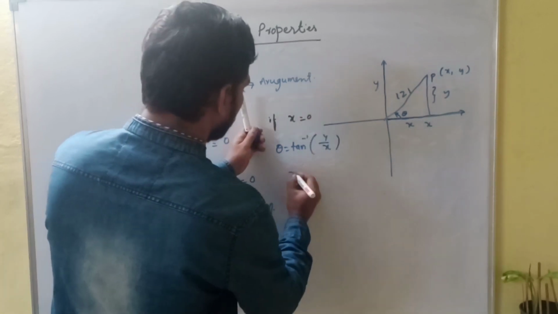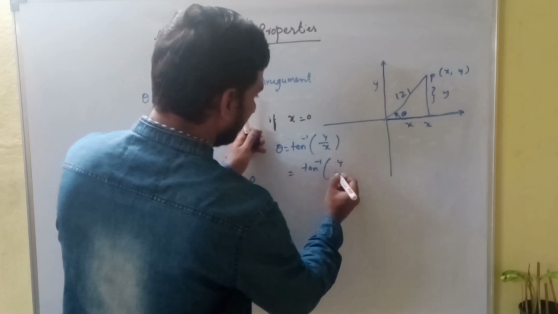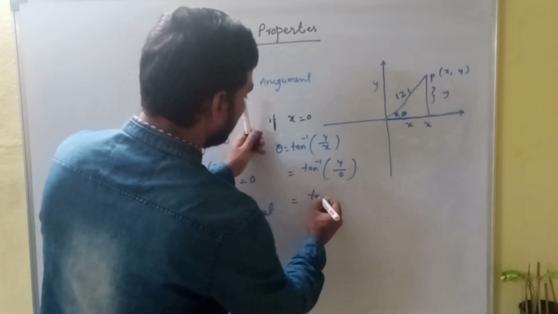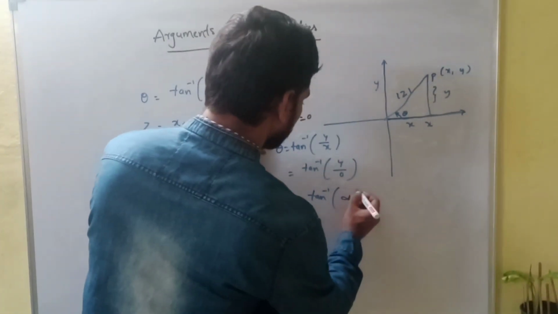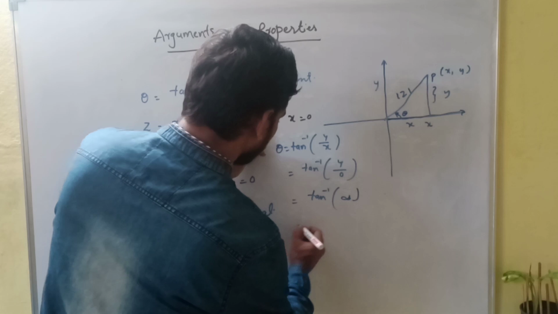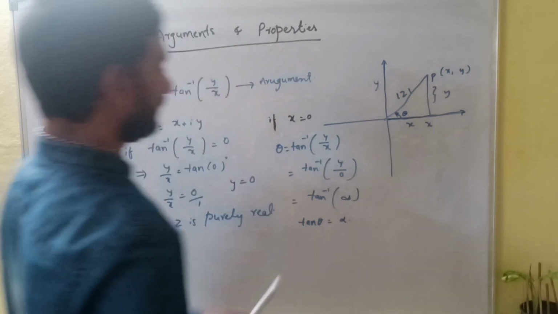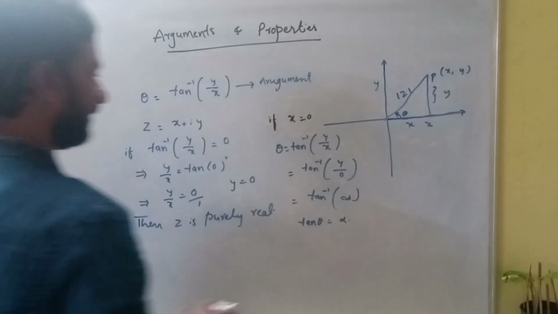X value is 0, that means tan inverse y by 0. Tan inverse of anything by 0 will be infinite. So your tan theta is equal to infinite. What is the theta value here? Where will you get infinite?